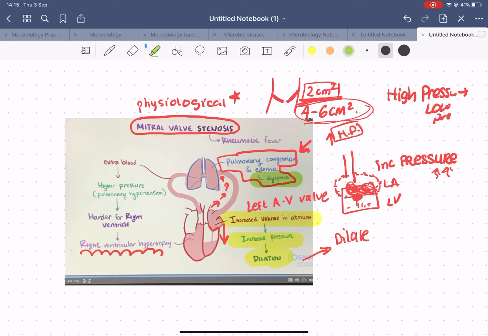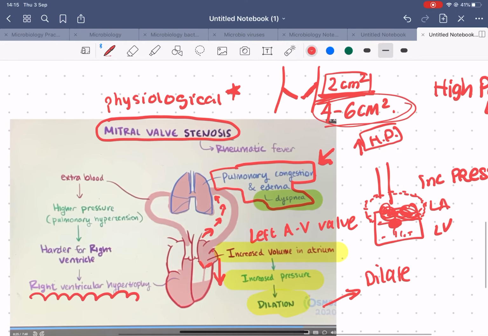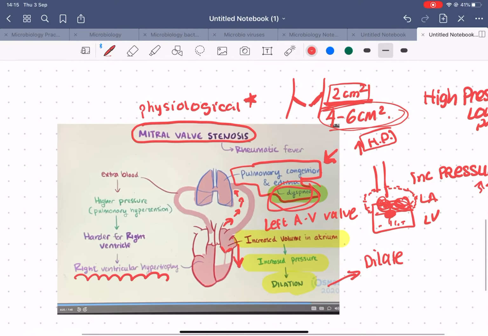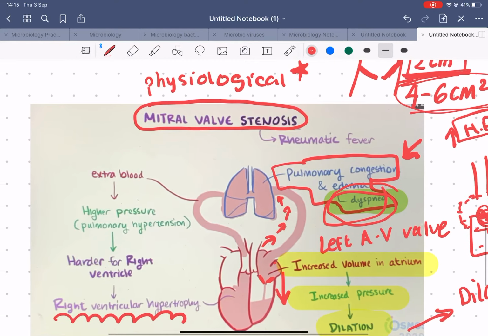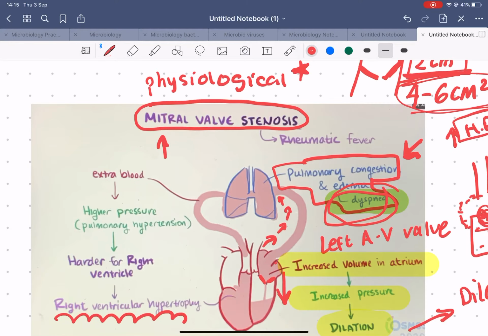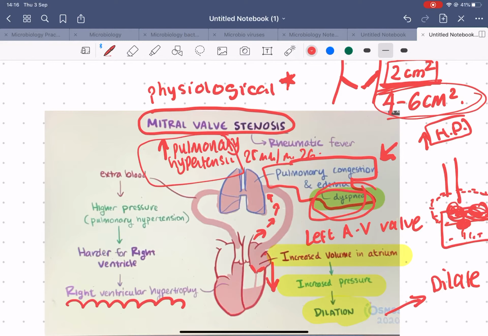Okay? Now, here's the key concept further. If the lungs are getting congested and there's dyspnea, due to the increased congestion and the fluid buildup in the lungs, there will be something known as pulmonary hypertension. Usually the pressure should be around 25 millimeters of mercury. Now, this will lead to a buildup of pressure here in the lungs.